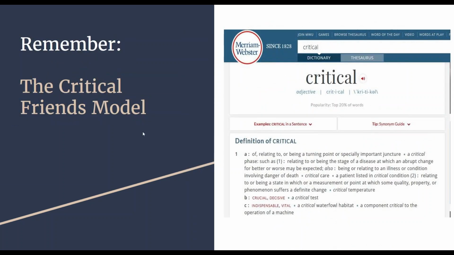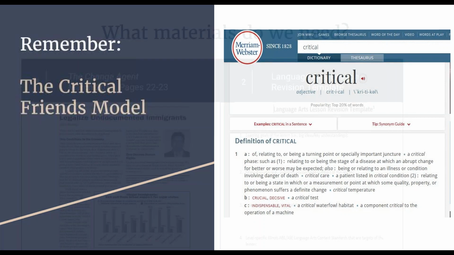To frame our discussion, remember when we talk about being a critical friend, if it's been a while since you've been through training, critical doesn't mean negative. It means vital, crucial, indispensable, meaning we need each other. As critical friends, we are going to work together to improve this resource, providing important changes and recommendations together as a team.